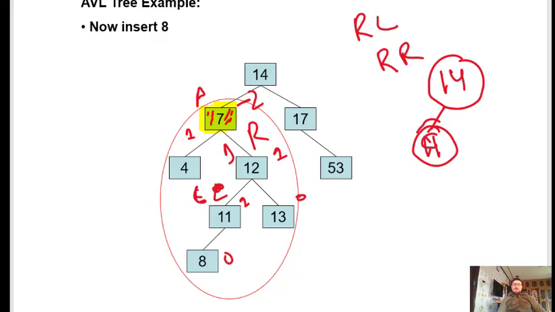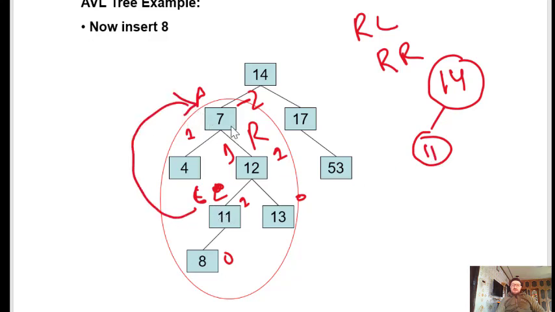Wait one second, let me clear it first. Let me write it properly. Okay, so 11 is my C. So 11 will come here in place of A. Simple as it is, because I have to make A and B both children of C. Now this is my A and this is my B. So 11 will go here and now A will become the child of C. So with the 11, 7 is smaller, so 7 has to be the child of 11.